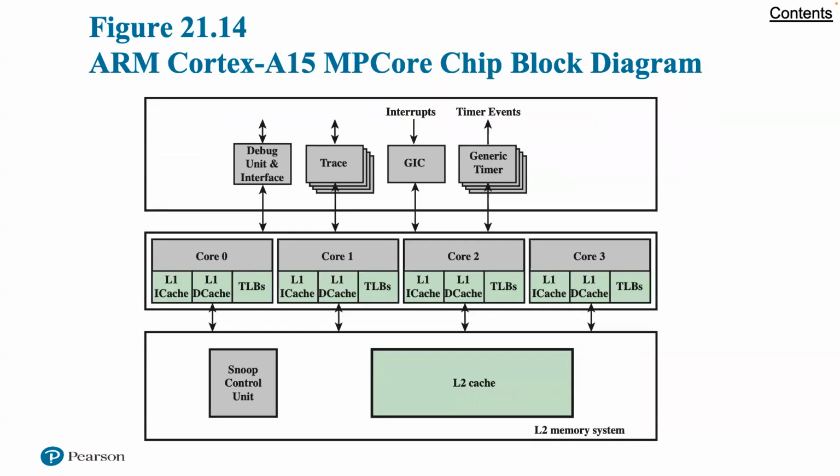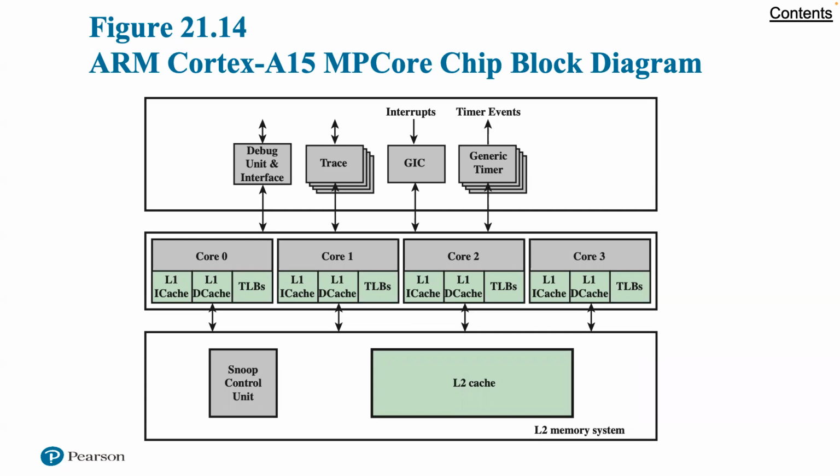So we have already seen 2 examples of heterogeneous multi-core processors using the ARM cores. Section 21.4, the big.LITTLE architecture, which uses a combination of the ARM Cortex A7 and the Cortex A15 cores, and the Texas Instruments DSP SoC architecture, which combines the Cortex A15 cores with the TI DSP cores.